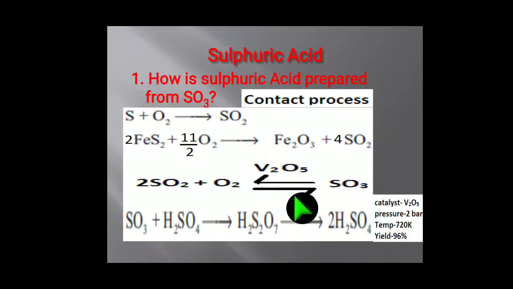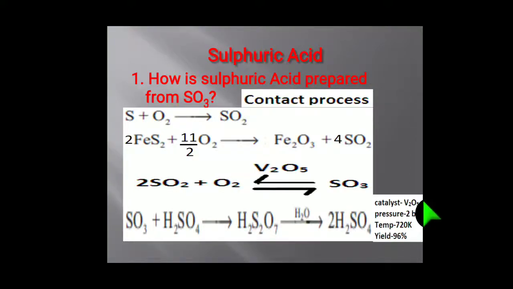In the third step, sulfur trioxide is absorbed in concentrated sulfuric acid and produces oleum, H2S2O7. The oleum is converted into sulfuric acid by diluting it with water, H2O.